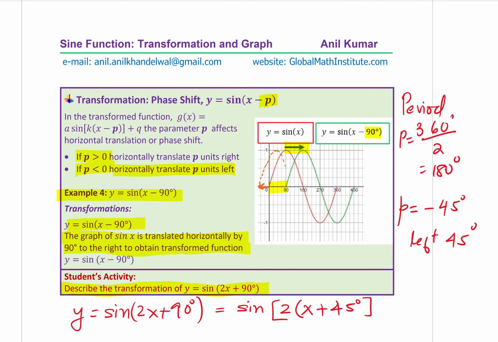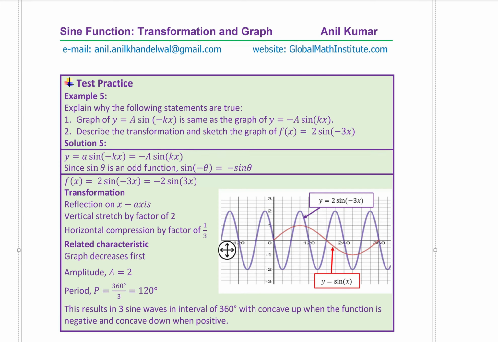Clear? Now let's take up some questions which you must be looking at in the examinations. Here is example 5, which says, explain why the following statements are true. 1. The graph of y equals a sine of minus kx is the same as the graph of y equals minus a sine kx.